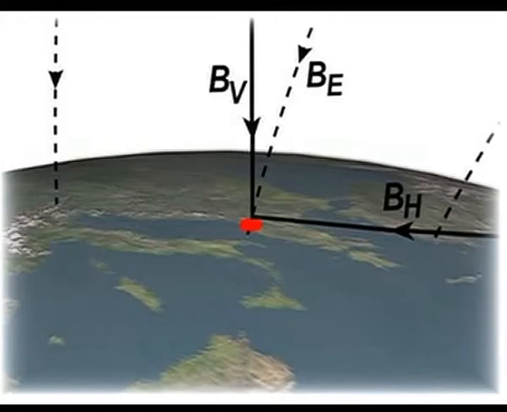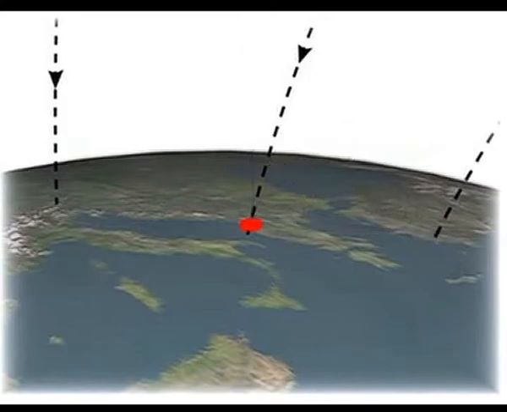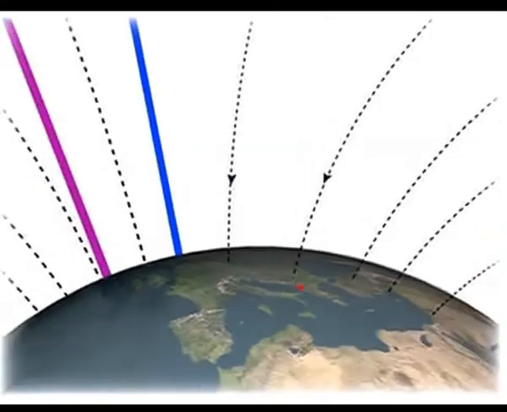We can write BH as BE cos theta, the horizontal component of Earth's magnetic field, and BV as BE sin theta. We have just resolved it into two perpendicular components. This is the vertical component of Earth's magnetic field.